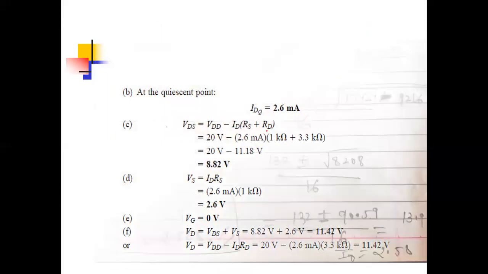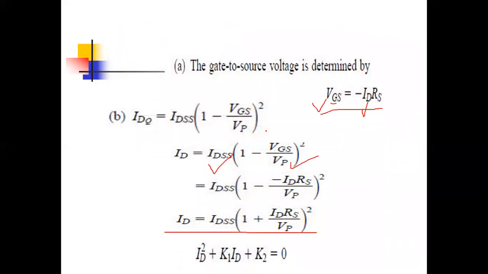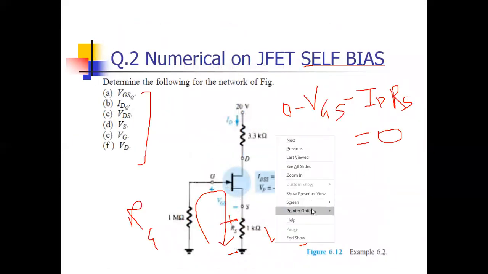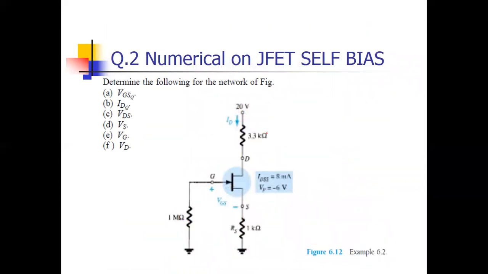Okay. Now the next part is VDS. For VDS, you have to apply KVL on the right side. What will the equation be? VDD minus ID RD.